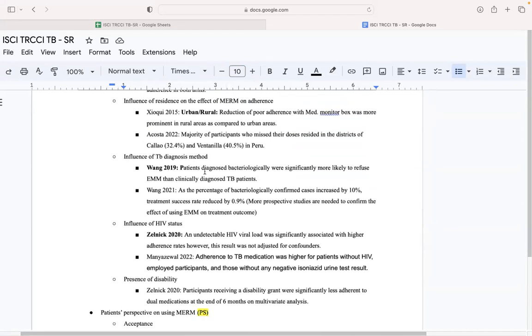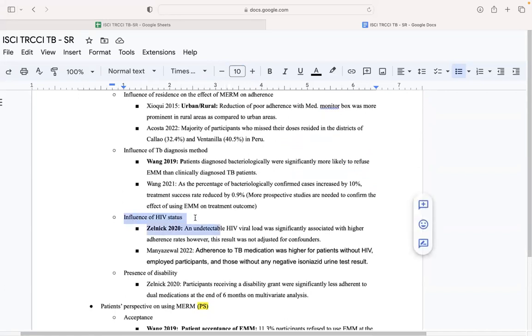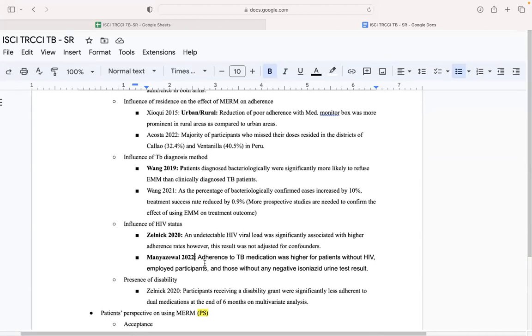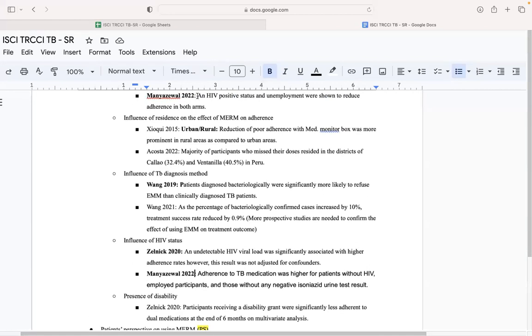So there's the influence of HIV status. Manya Zawel: adherence to TB medication was higher for patients without HIV, employed participants, and those without any negative isoniazid urine test. So what I'll do right now is remove this much information.